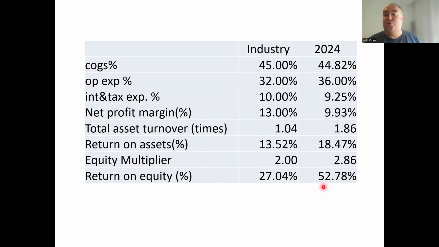So this huge difference in return on equity is the result of high return on assets, but with significantly higher financial leverage, as seen in the equity multiplier. We are able to benefit from the successful usage of borrowed money by this company. So that is my interpretation of the data about this company.